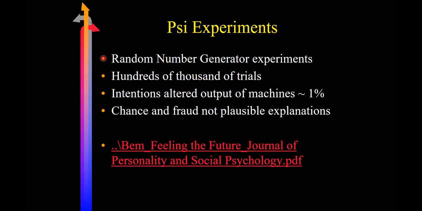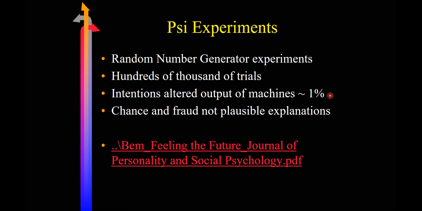A random number generator is a device that will generate numbers at random, and they can actually test the output of these to see how close to random it is. So in hundreds of thousands of trials in which people were told to try, by intention, to alter the output of these machines, they found the output changed from chance by about 1%.